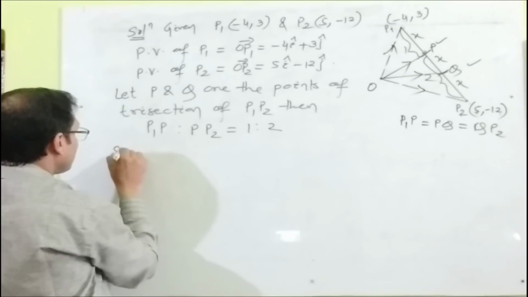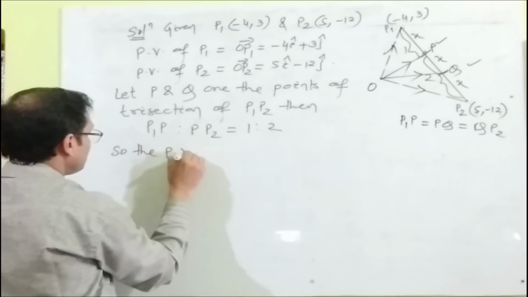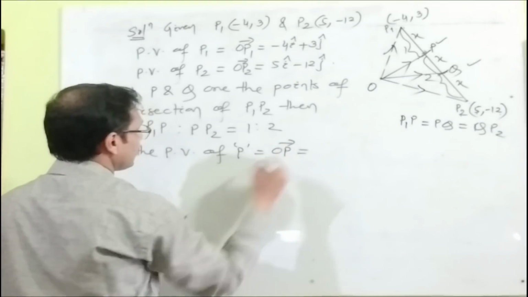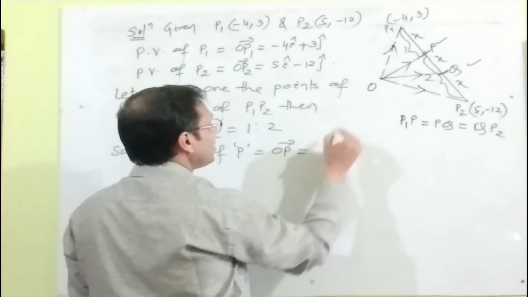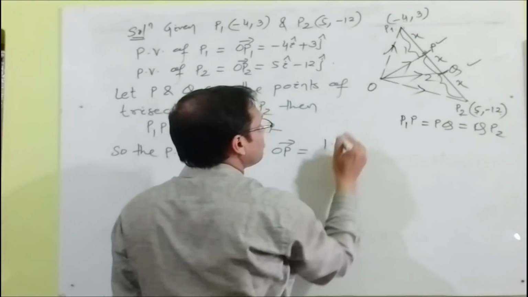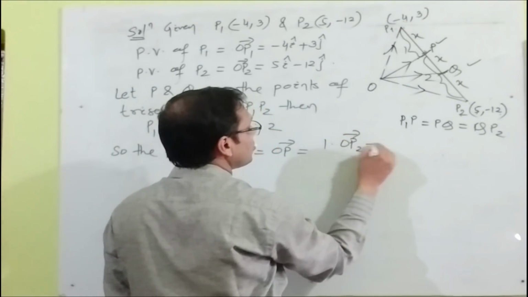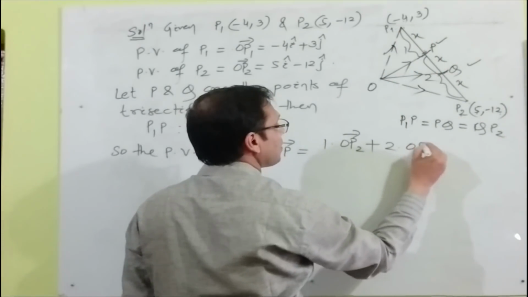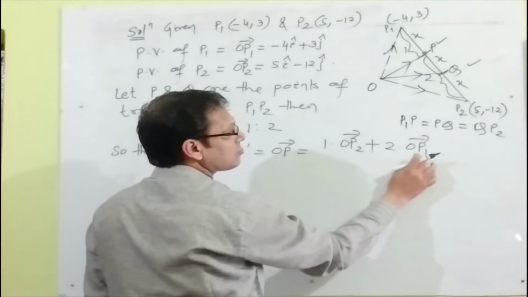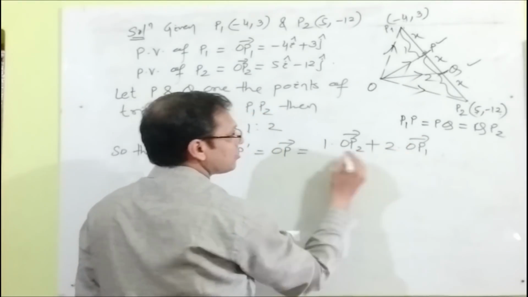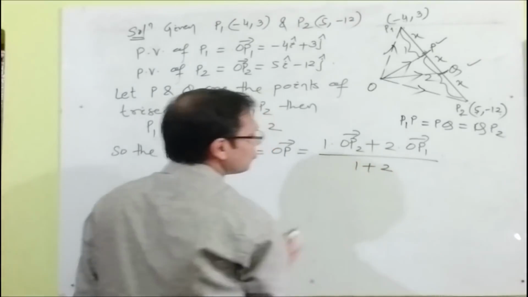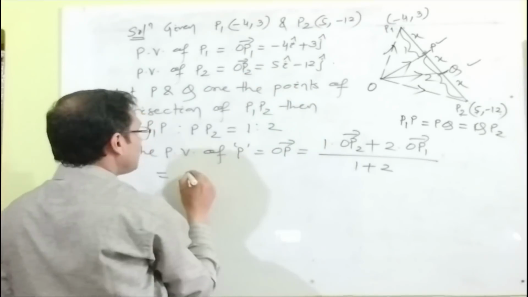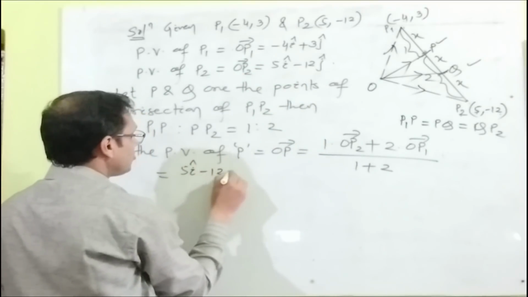So the position vector of P is equal to OP vector, that is nothing but 1 into OP2, position vector of P2, plus 2 into OP1. Section formula: mx2 plus nx1 by m plus n, m is to n given, so by 1 plus 2. That is nothing but 1 into OP2.